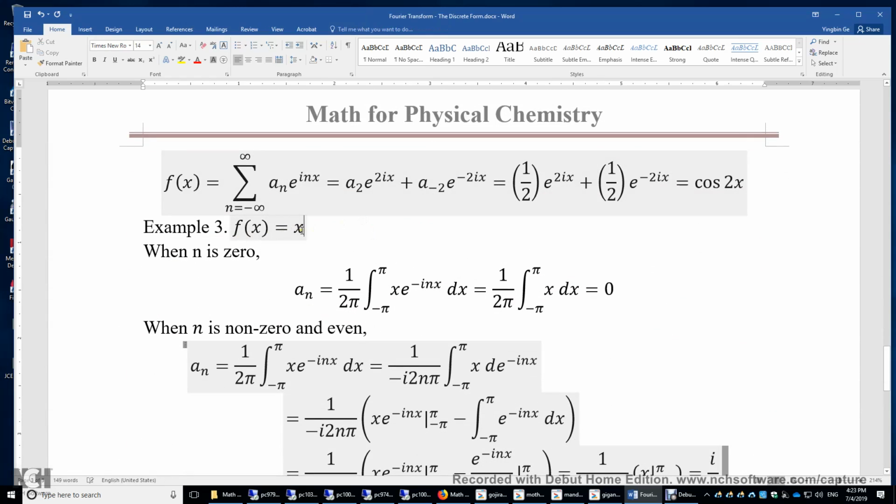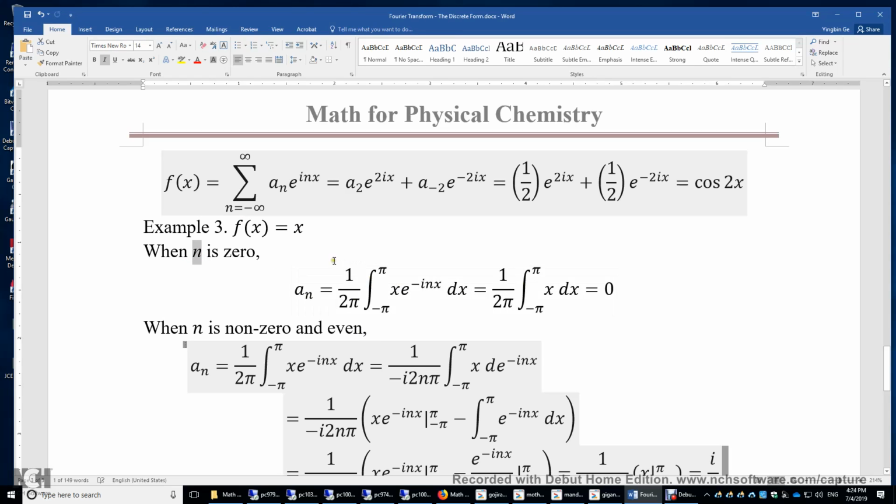Finally, f(x) equals x. This is more complicated. So first, when n is 0, we have this a sub 0 equals 1 over 2 pi times the integral of x times e to the power of 0x. And then we just need to evaluate this. x is an odd function. The result is going to be 0. Therefore, it tells us a sub 0 is 0.